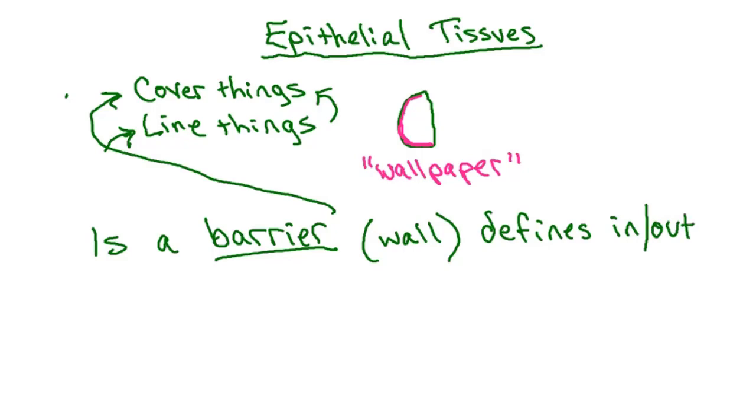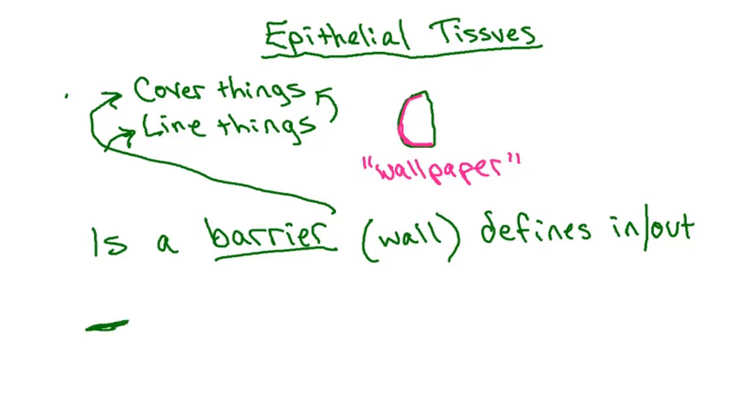That way your heart doesn't get into your lungs. There's a wall there, a barrier there. Your stomach doesn't go into your intestines because each has its own lining or covering that defines the stomach, so the stomach contents don't spill into your guts. So that's the general function of epithelial tissues.